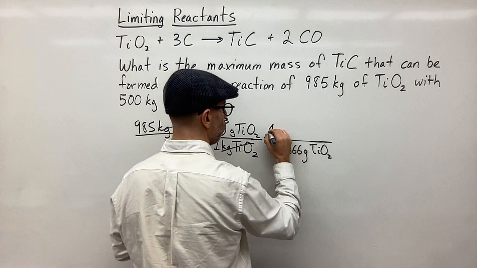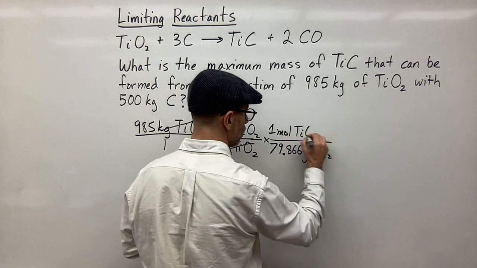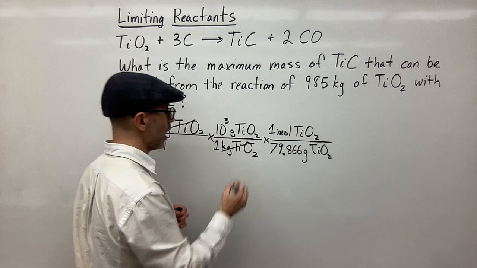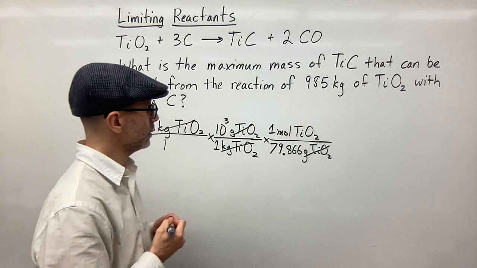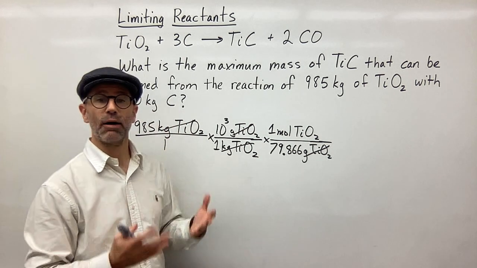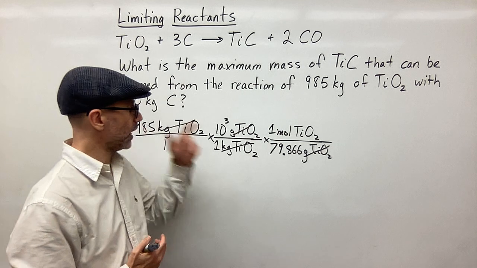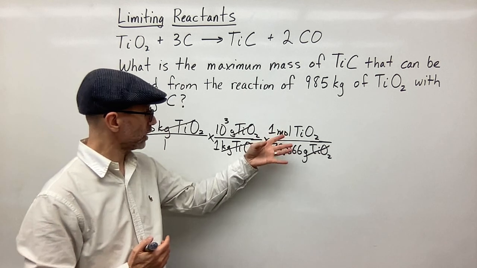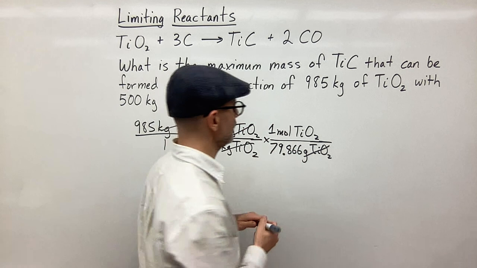And then I'm going to put 1 mole of TiO2 on top. So grams of TiO2 cancel out. Now I have moles. Now I can convert moles of TiO2 to moles of TiC.